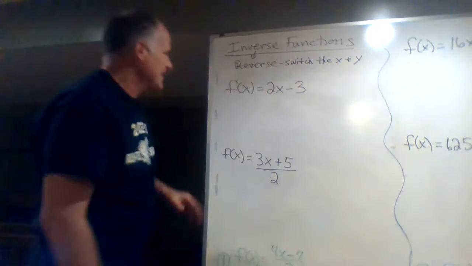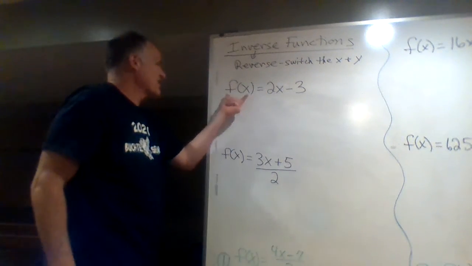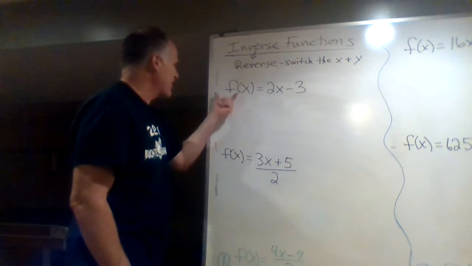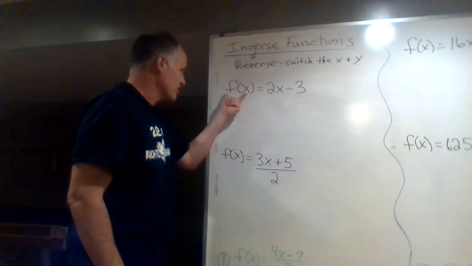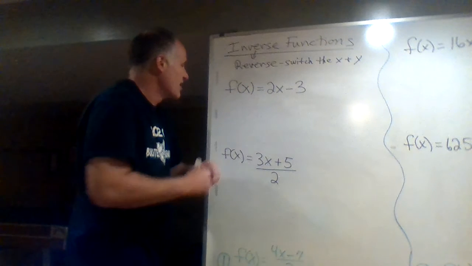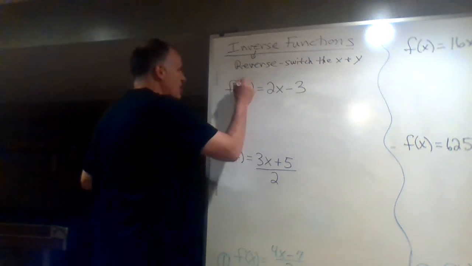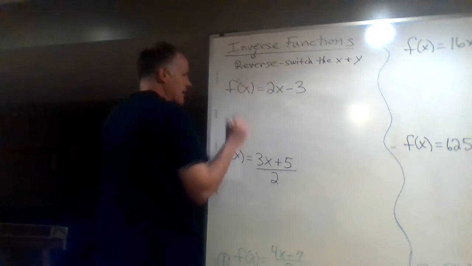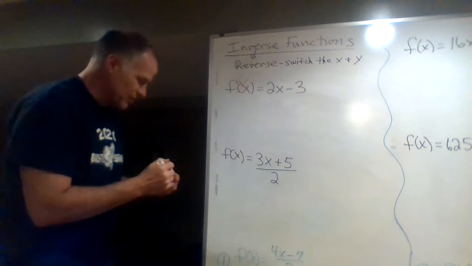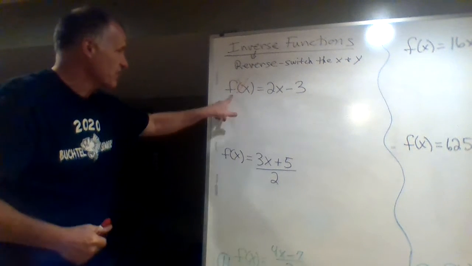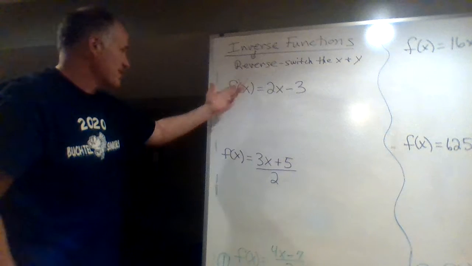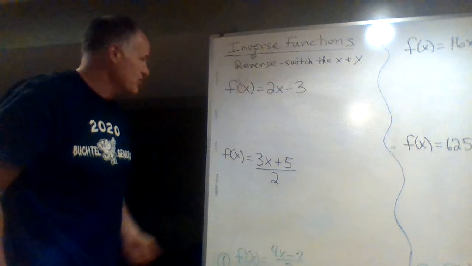From Algebra 1, this is called function notation, having it like this, f of x. But remember, f of x is just another way to say the y. So when you see f of x, you can think of that as y equals. This is kind of like y equals mx plus b, what we're used to in Algebra 1.